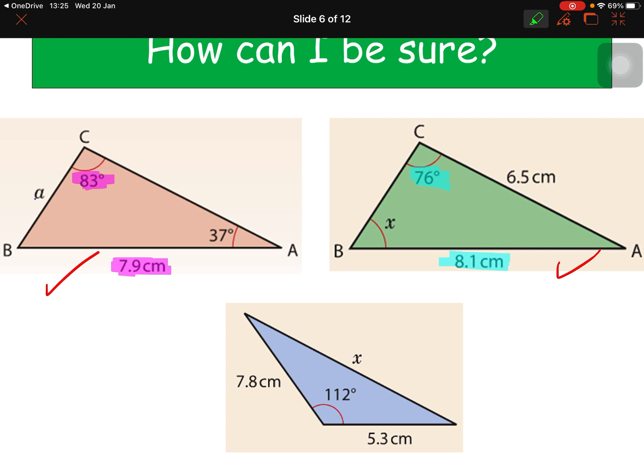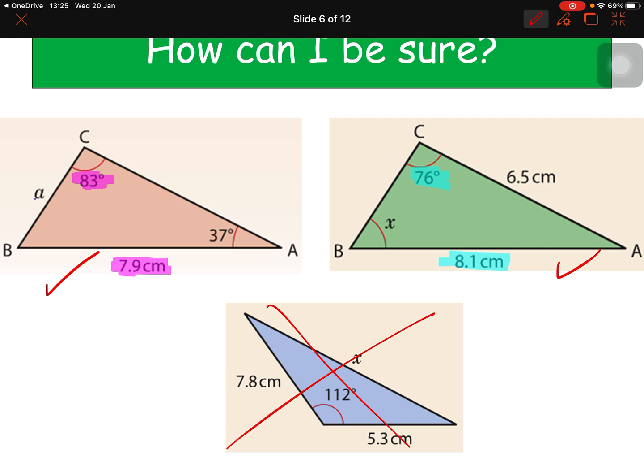Well, if my x is there, I've got 112, but I've got no matching pair anywhere for me to be able to use the sine rule. There's no matching pair available, so I cannot use the sine rule for that. We have to have an angle and its opposite side in order to use it. If we haven't got it, this will not work for us.